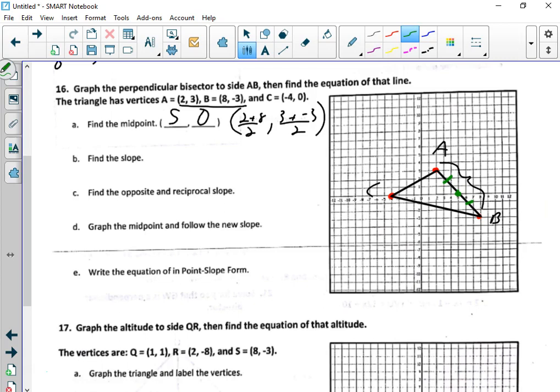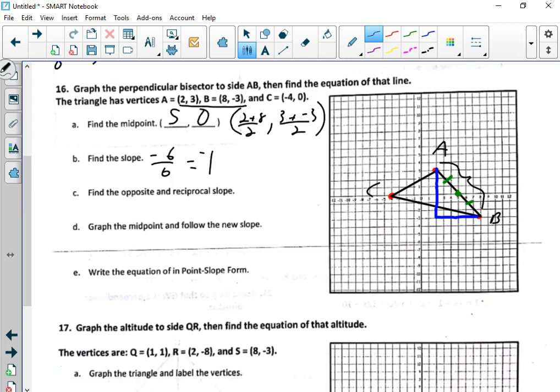Now find the slope of AB. Again, I could take AB and do 3 minus negative 3 over 2 minus 8, or I can just simply count. So from A, 1, 2, 3, 4, 5, 6. 1, 2, 3, 4, 5, 6. So the slope is down 6, right 6, or simply negative 1.